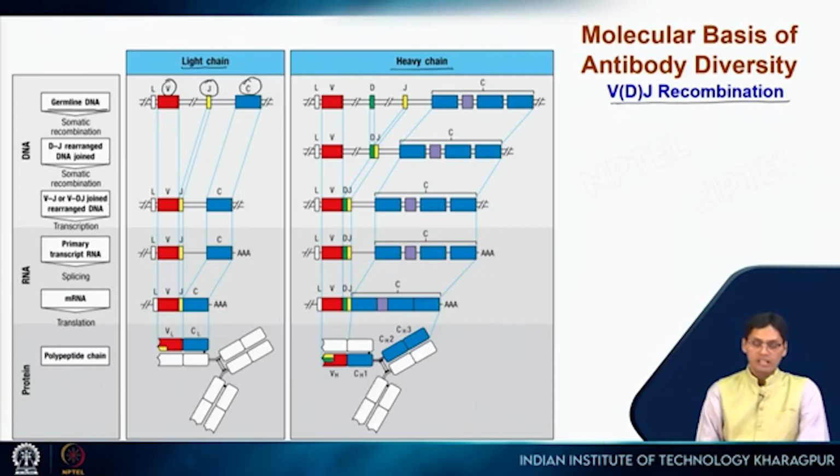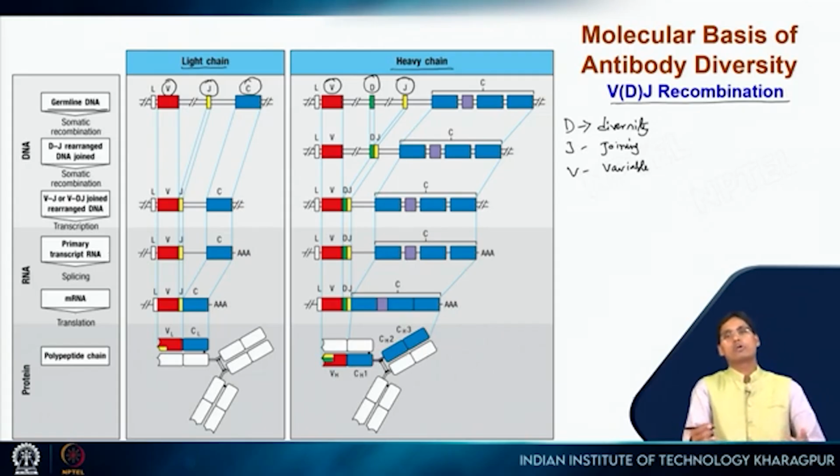In the same way, for the heavy chain, you will get the variable region segment and the joining region segment, but here something extra. D stands for diversity, J stands for joining region, V stands for variable region, and C refers to the constant region of the antibody.